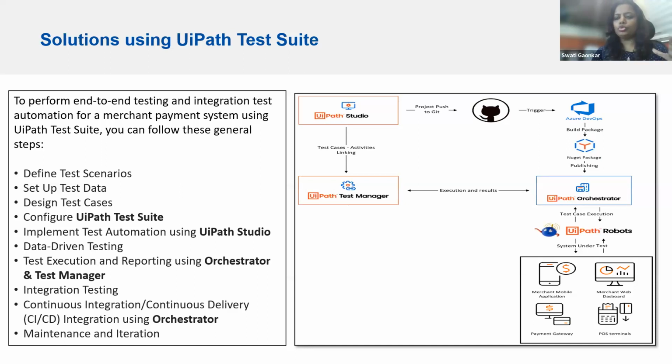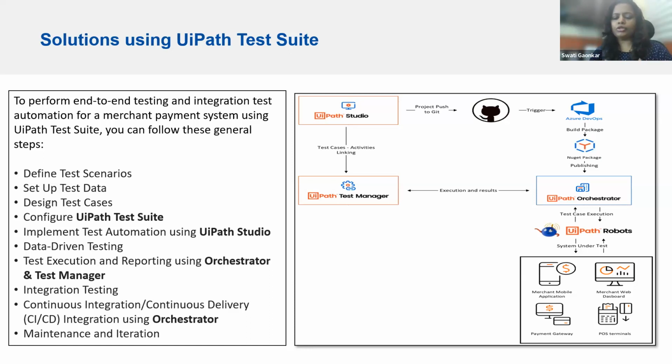Compared to any other tool or any other coding related platform, it will be around 50 to 60% time saving and effort saving for you by using UiPath Test Suite. And for maintenance, it will be 75 to 80%.